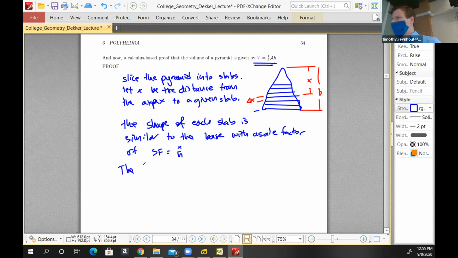The area of each slab is the area factor times the area of the base, which would be x over h squared times A, because the area factor is the scale factor squared.